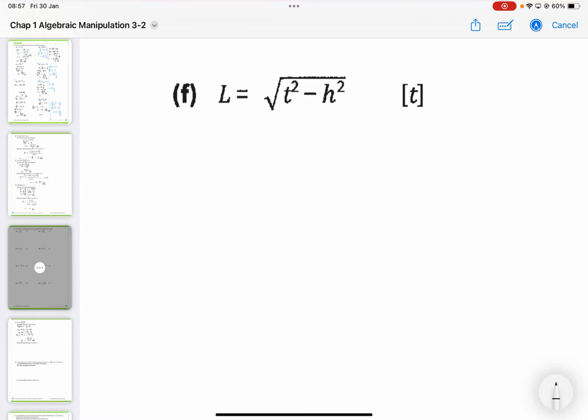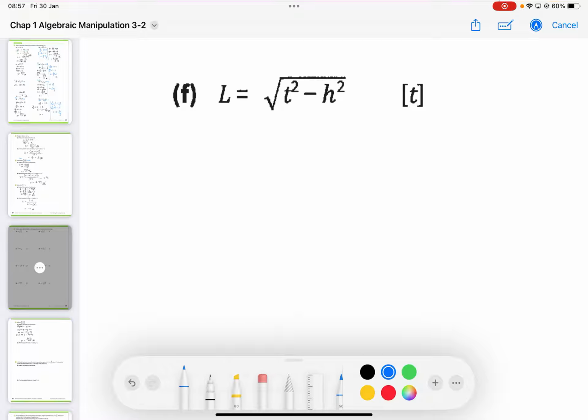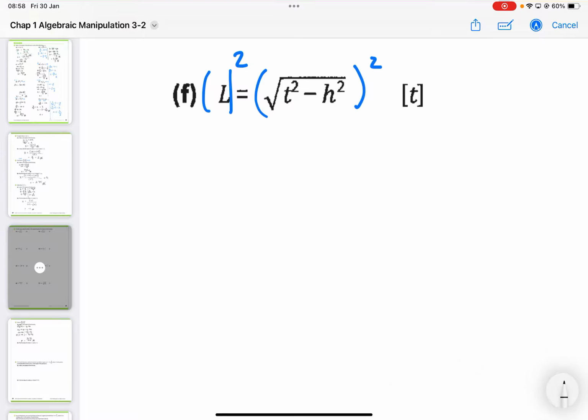How do I remove square root? Square. So I square both sides. When I square both sides, the square will cancel with the square root. Then my square root will disappear. Then I will have L square equals to T square minus H square.